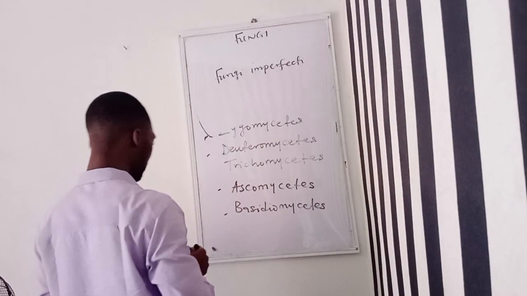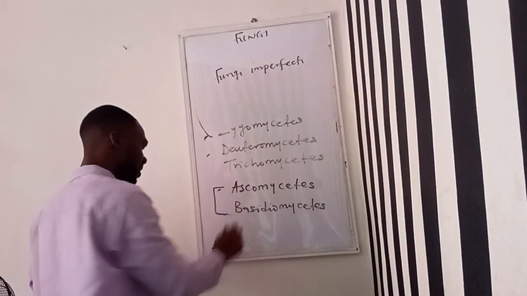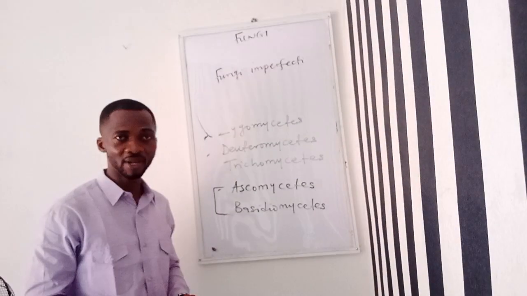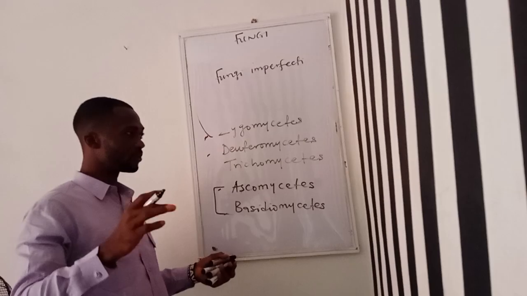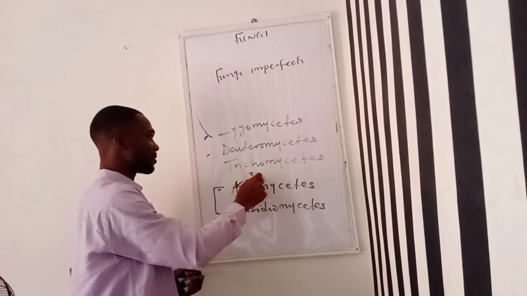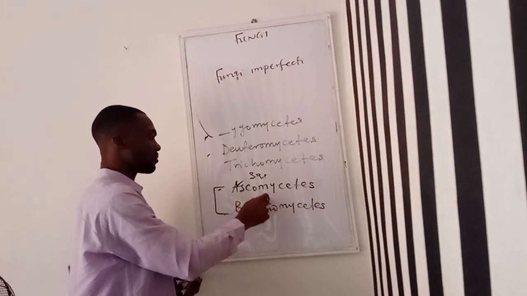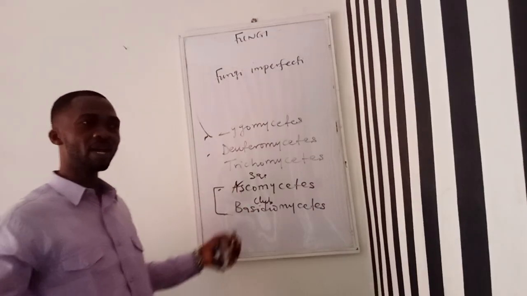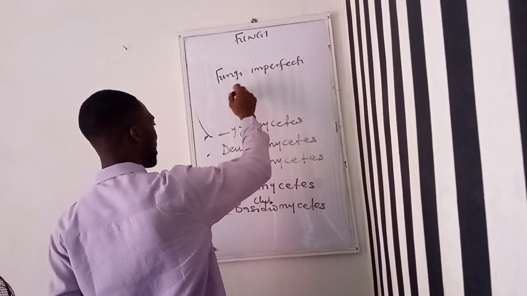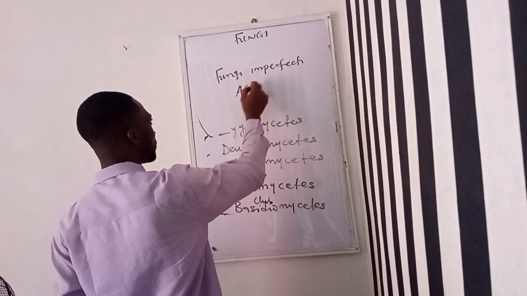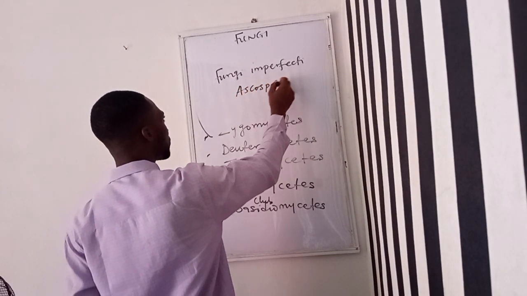Then coming to ascomycetes. Ascomycetes and basidiomycetes, these are the higher fungi. They are called higher fungi because this one is called a sac fungi and this one is called a club fungi. This one has a special sac-like structure which they use in housing their spore. So for ascomycetes, their spore is called ascospore.